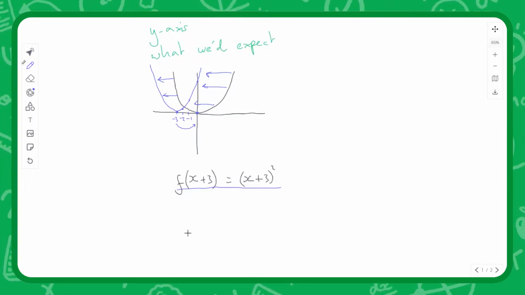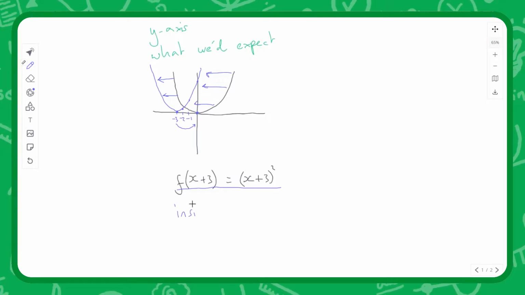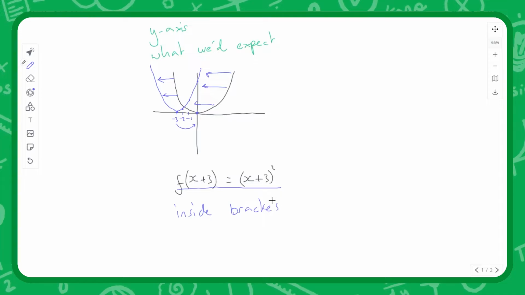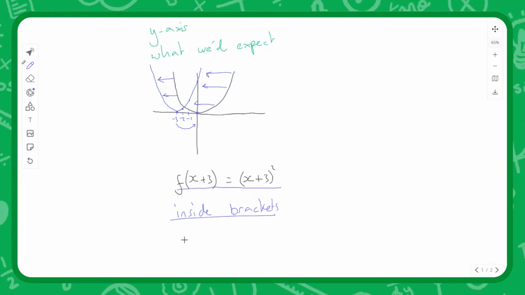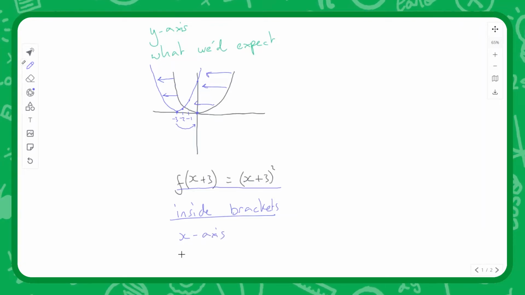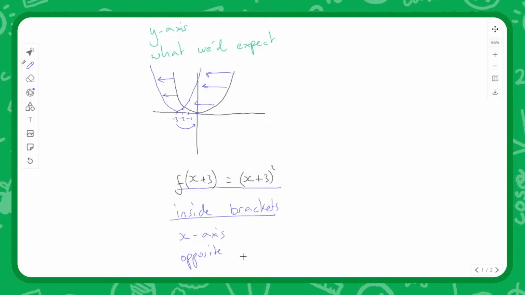It causes it to shift down 3 spaces. And so our rule is, if it's inside the brackets, we change the x-axis, and it's the opposite to what we'd expect.